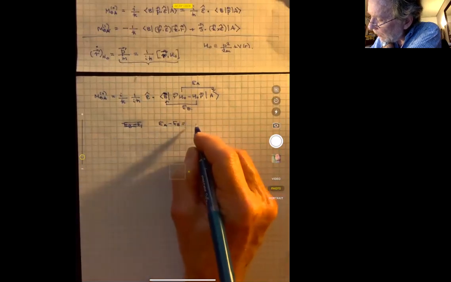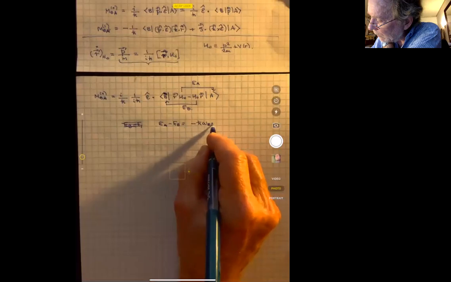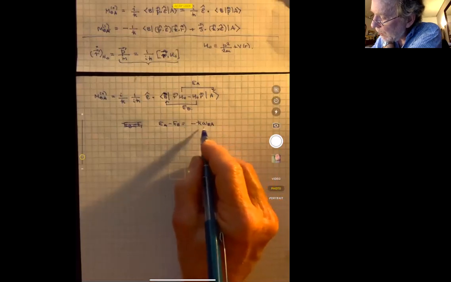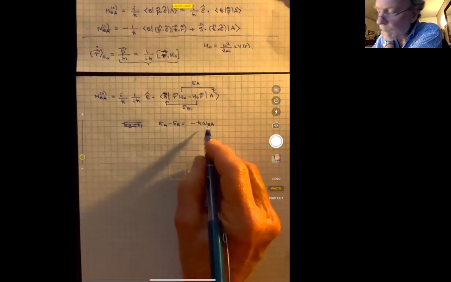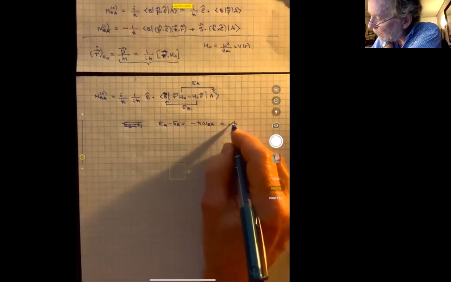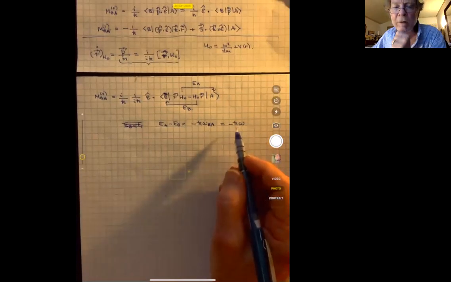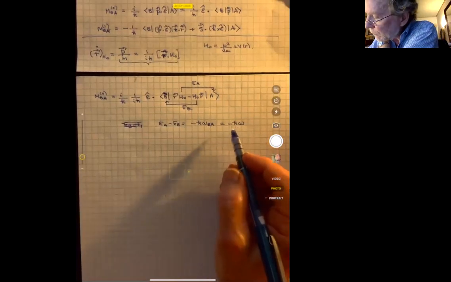That's the same thing as minus h bar times omega_BA, where omega_BA is the Einstein frequency connecting the initial and final states. However, omega_BA is the same as the frequency of the photon, so I'll write it as minus h bar omega, where omega refers to the photon energy.